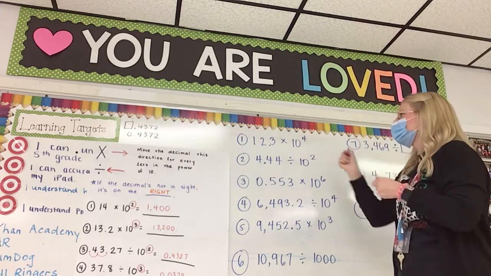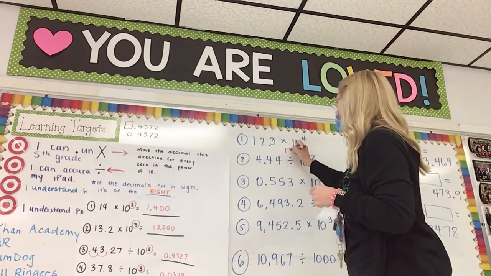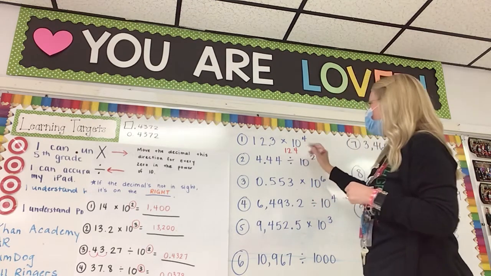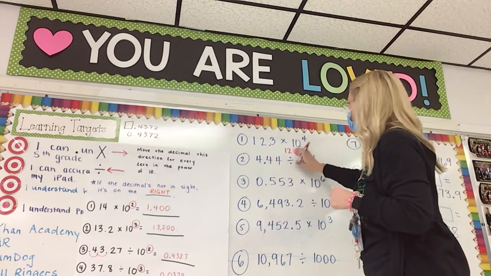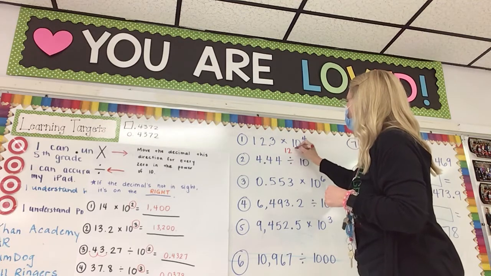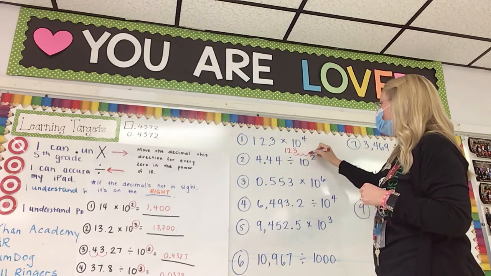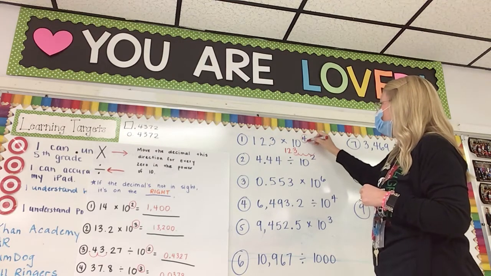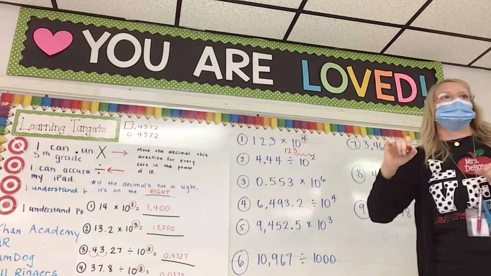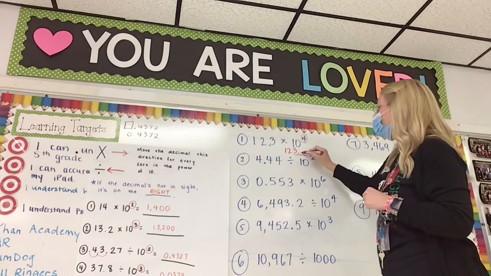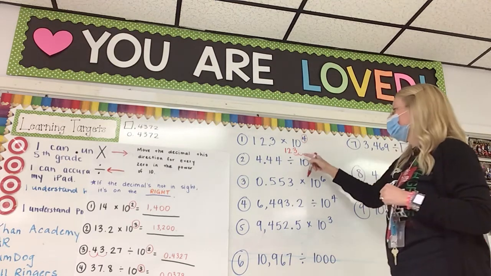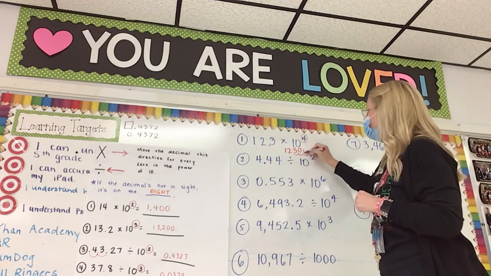Okay, so we're going to take this 12 and 3/10, and we're going to move our decimal 1, 2, 3, 4 times, because our exponent says to the 4th power. And what are we going to do with all these spots right here? Put zeros.